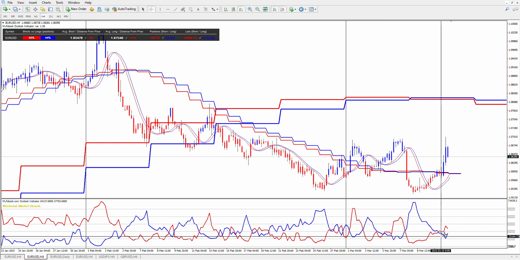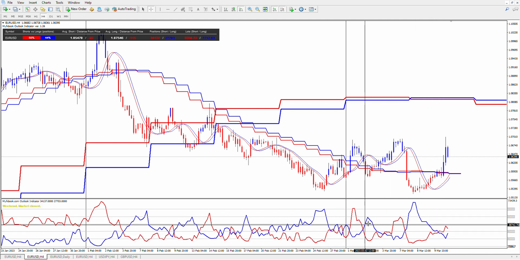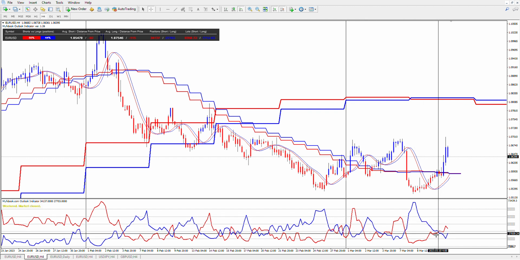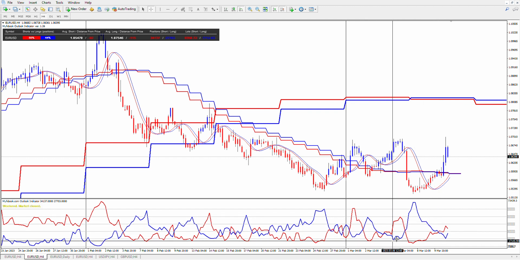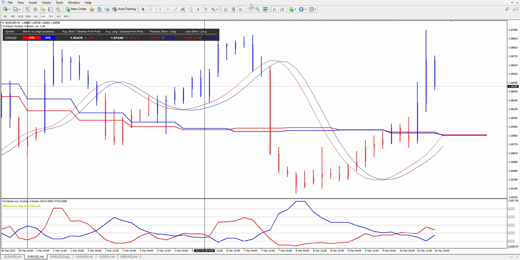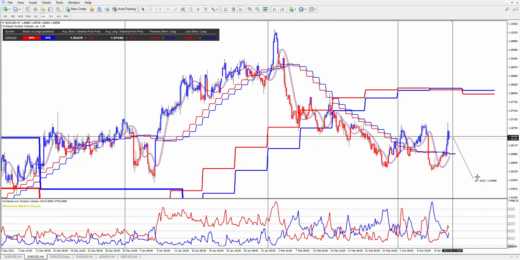Now we have bullish dominance from the 7th to the 10th, another 3 days. So the blue line occupies more territory than the red, and red stays at lower levels of support. So price is likely to go down, and I would expect a move down here to the new lows.